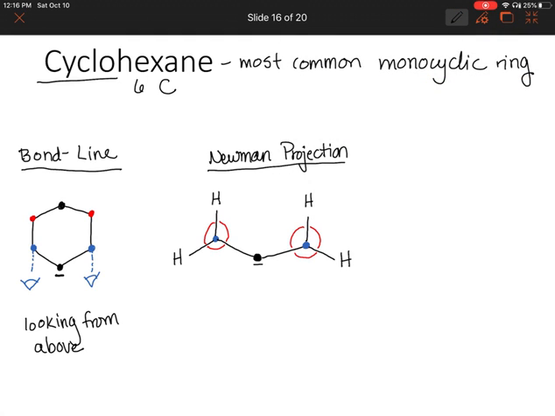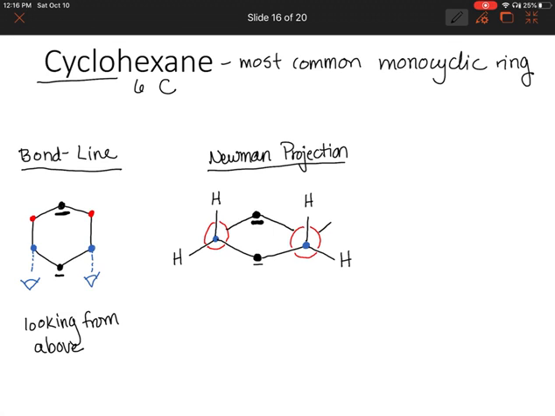So you'll notice that the two back carbons in our bond line structure are connected through another carbon. So let's just draw that connection in the back. So that back middle carbon is here in our bond line structure. All right, and now let's draw the hydrogens that are on each of these back carbons.